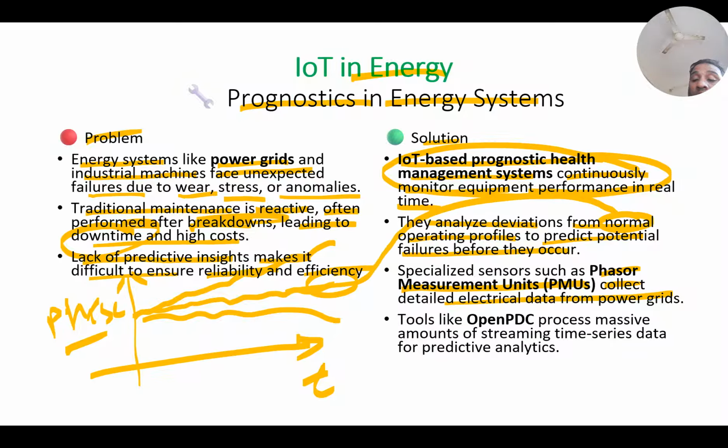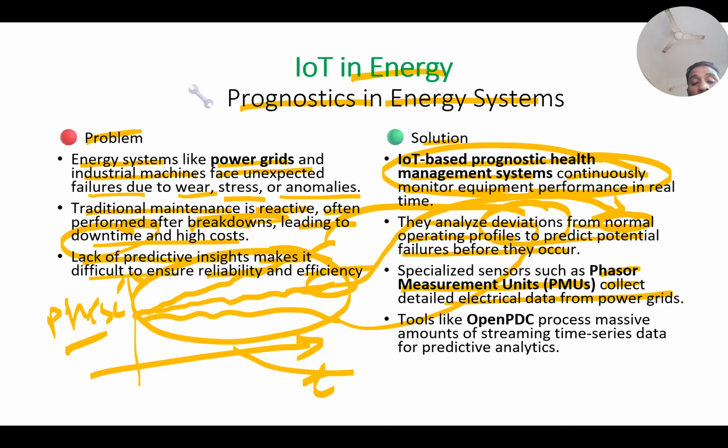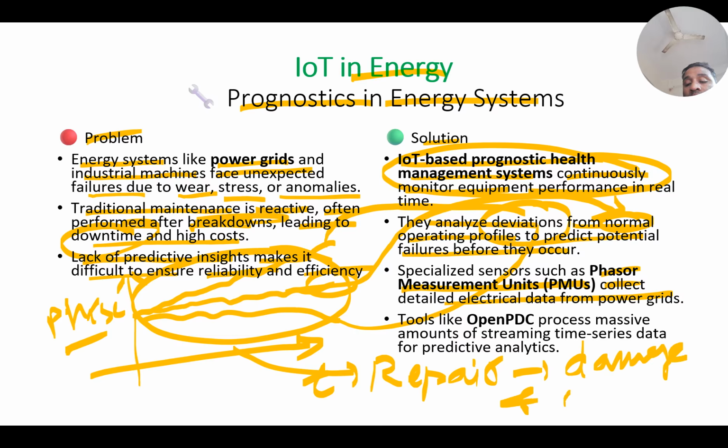The middle one is normal. Now these are the deviations. If there are such deviations occurring in our equipment, then I can predict that there is something wrong. Then I can go and repair, to avoid damage and shut down.